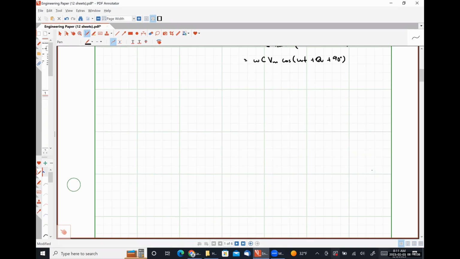let's work a problem. So I have an AC voltage source. I will define its value in a moment. Connected in parallel to a resistor. This will be a 10 ohm resistor.